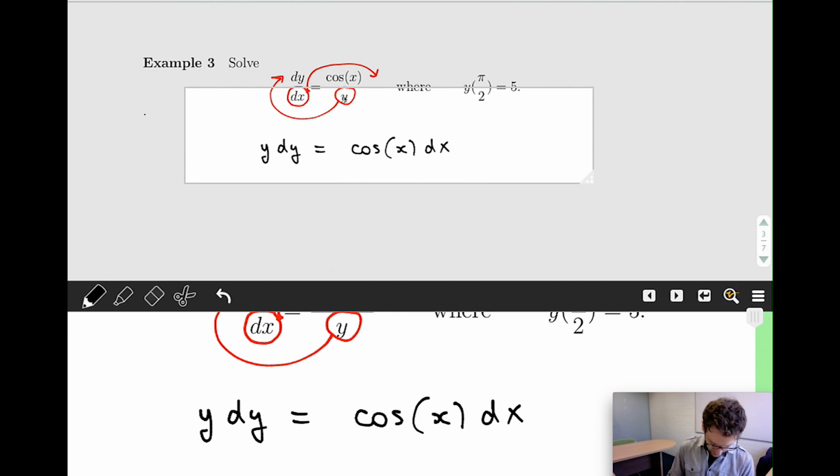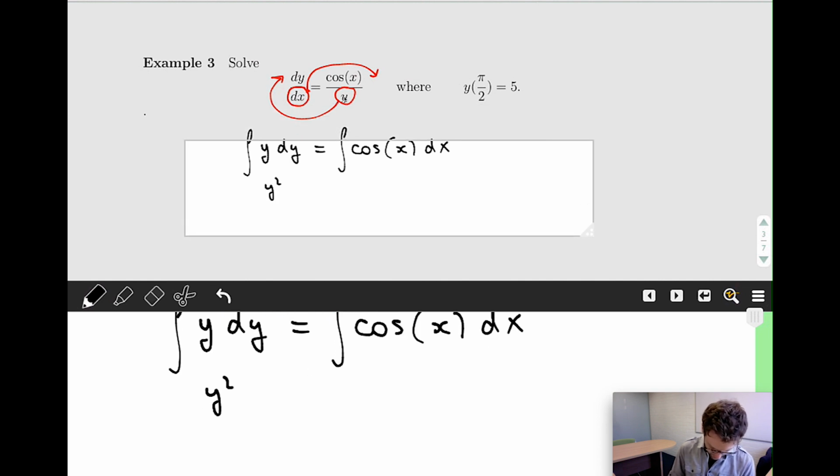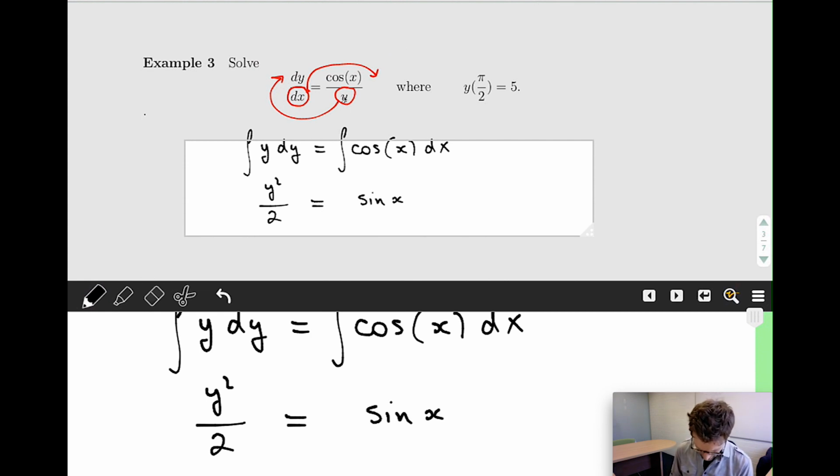Now I've got something I can integrate both sides of to get an equation for y squared over 2 is equal to the integral of cosine of x, which is sine of x. And once again, I've got a single unknown constant of integration that I need to fix. Of course, I've done two integrations, but I did them at the same time, so I can combine their two constants of integration into a single constant c.